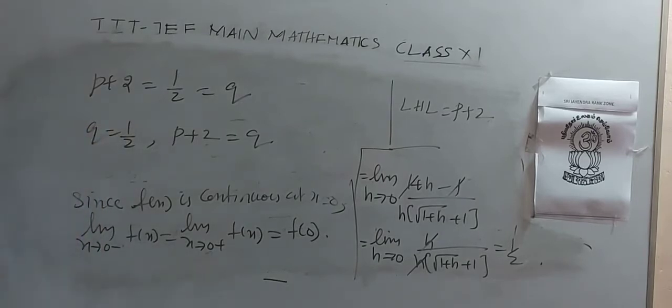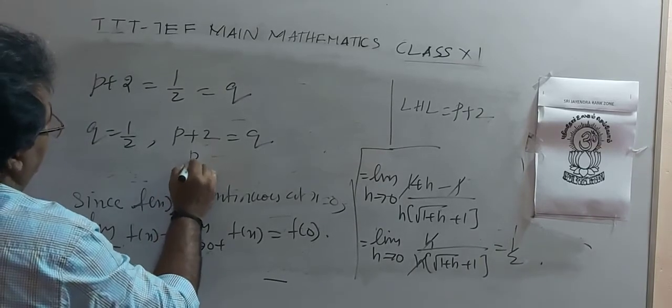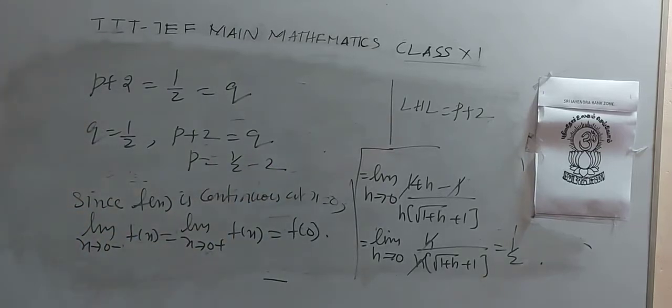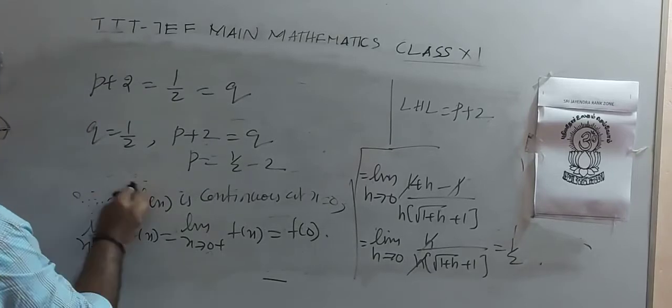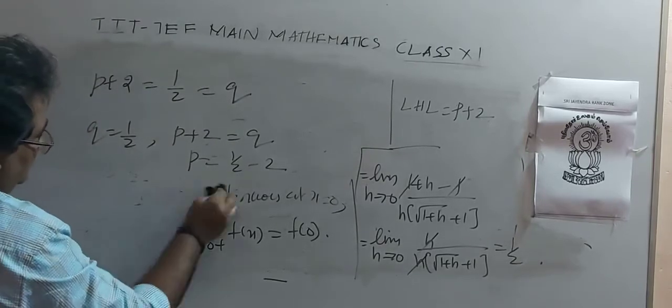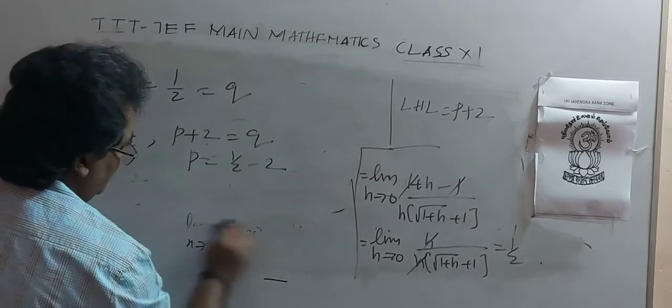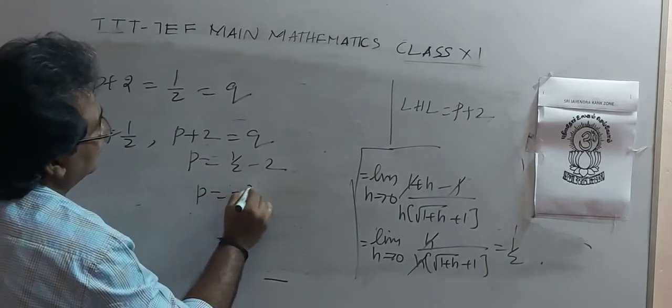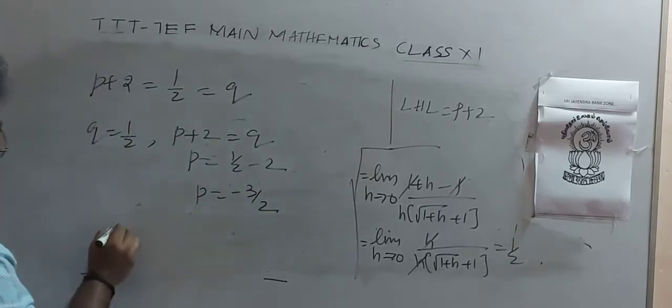So p equal to 1 by 2 minus 2, p equal to minus 3 by 2.